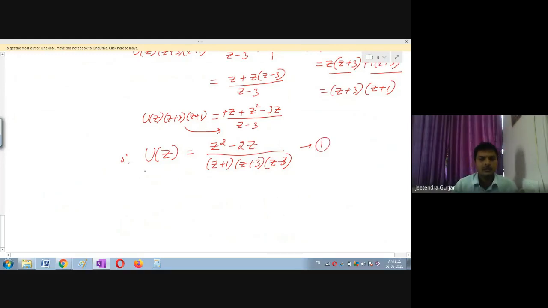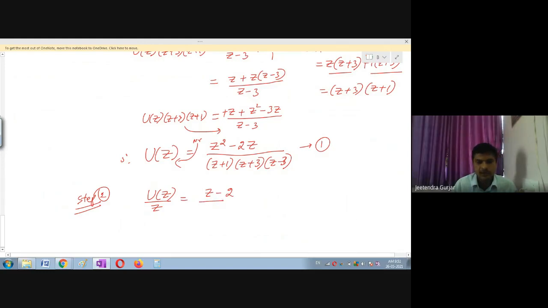Now after simplifying u of Z, step 2 is to express u of Z divided by Z, student. So I will take out one Z from the numerator and multiply here. If I take out the Z from the numerator, only Z minus 2 will remain.